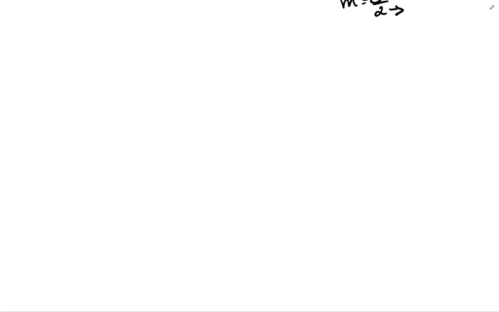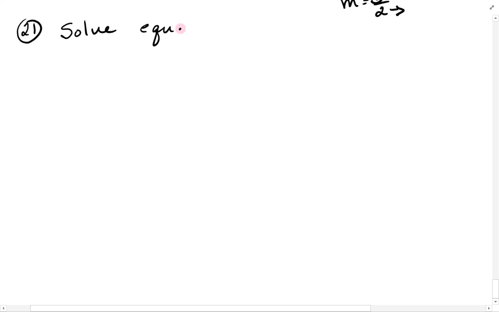All right, the last few problems are about absolute values. We've got absolute value equations and absolute value inequalities. These come from the 9293 group. So number 21, we're going to solve, and it is an equation. I'll review the ideas.